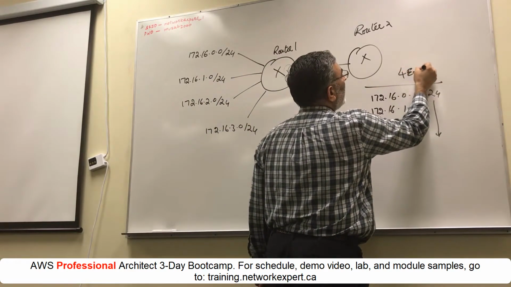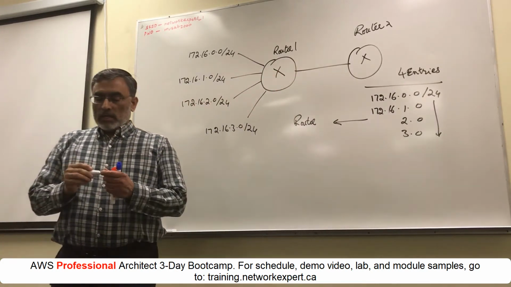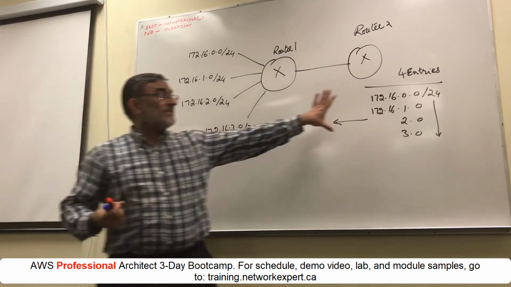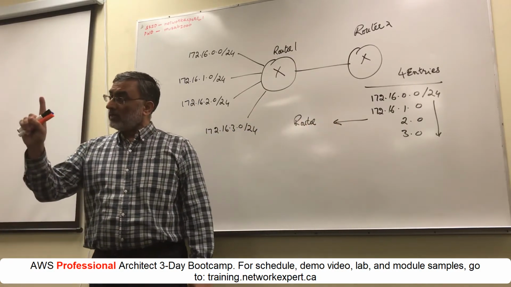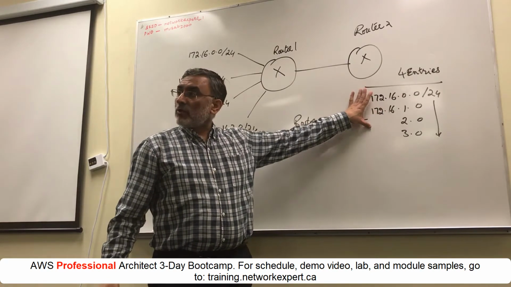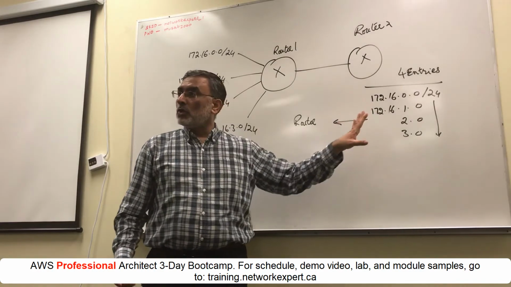So these 4 entries will be in the routing table of router 2. Now, if I can squeeze these 4 entries into 1, that will save space in the routing table and it will be more efficient.